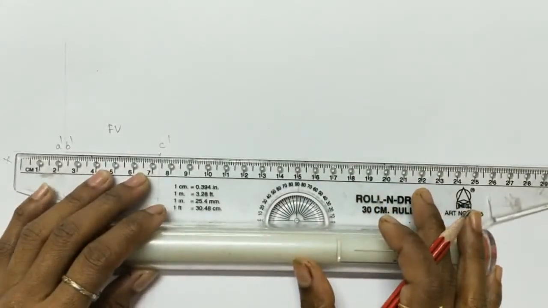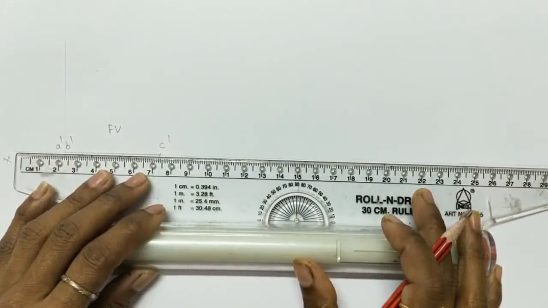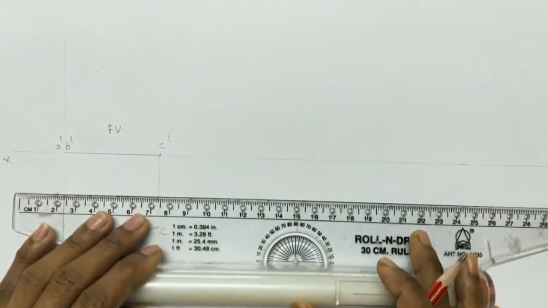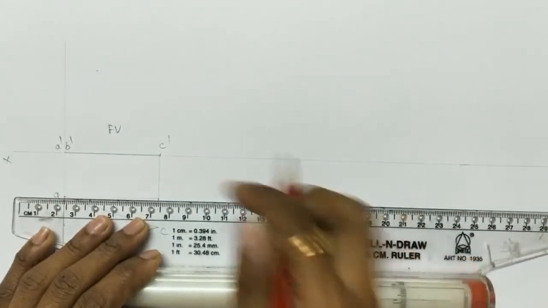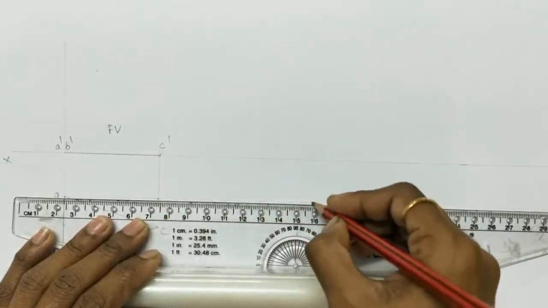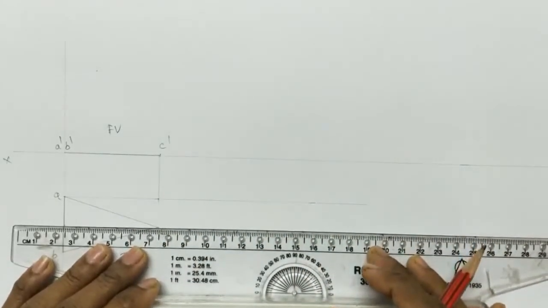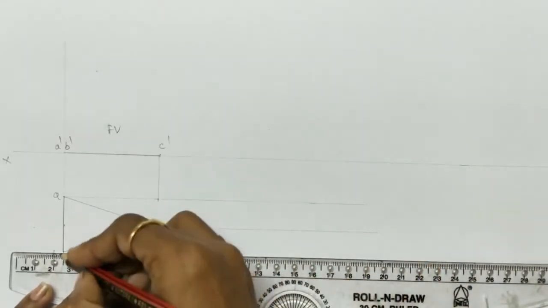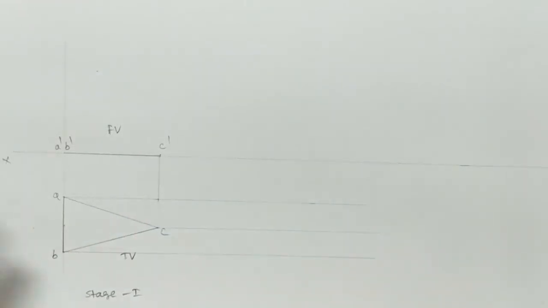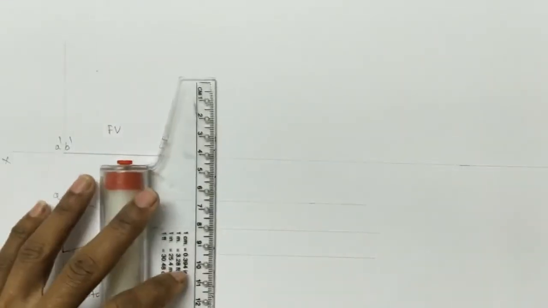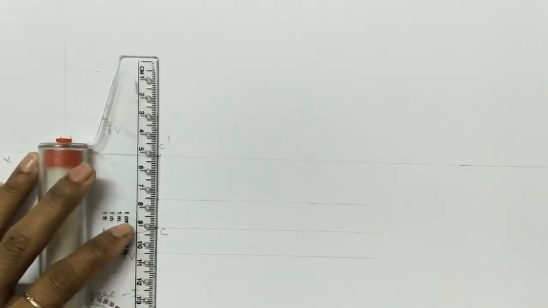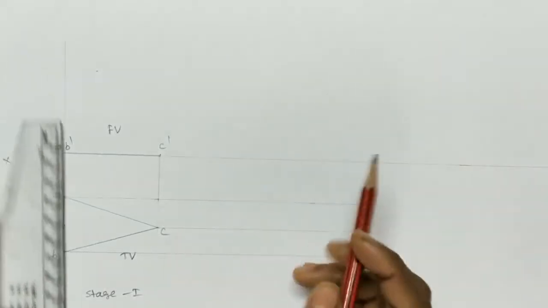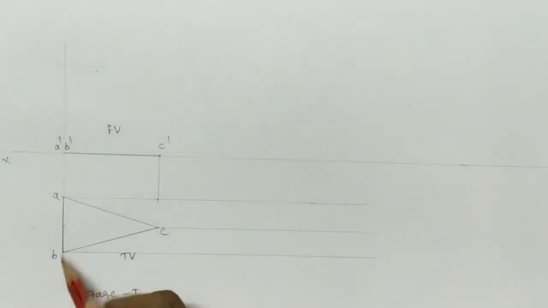So for this, draw projections from the top view of stage 1, like this. Now the top view is an equilateral triangle and we know this side is 30 mm.